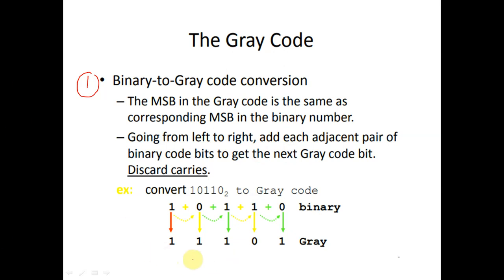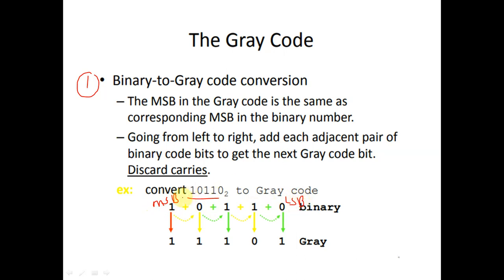See here, this is the example. This is the binary number, and this binary number is converted into Gray code. This one is the MSB bit, and this is the LSB bit.